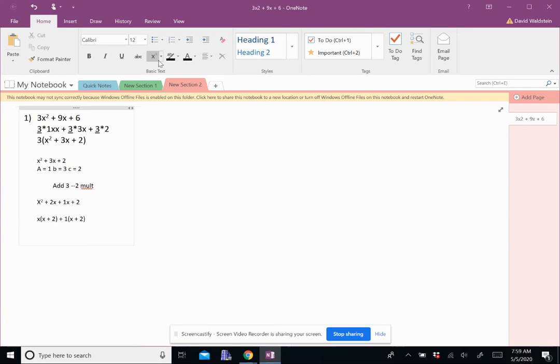Put the outsides together in the first parenthesis. That's x and a plus 1. The second parenthesis is the insides, and then this is my answer. Boom.